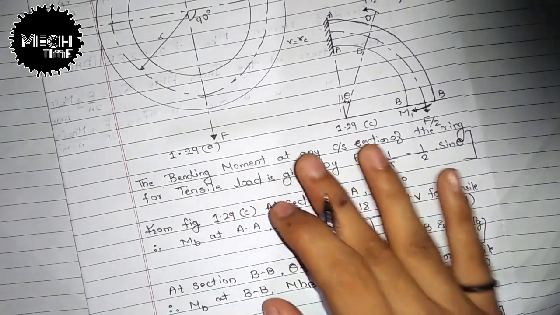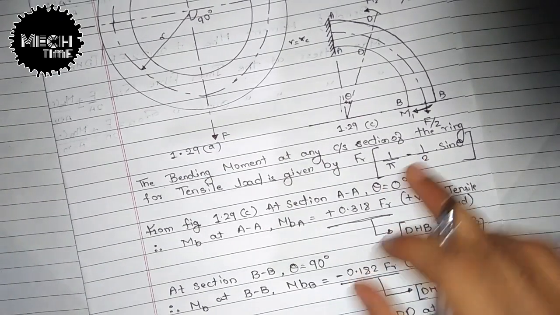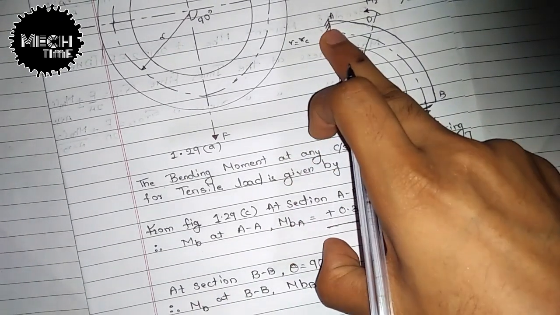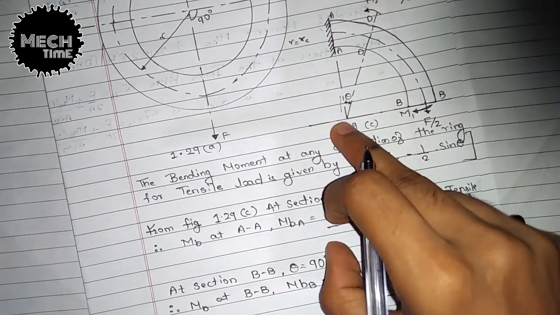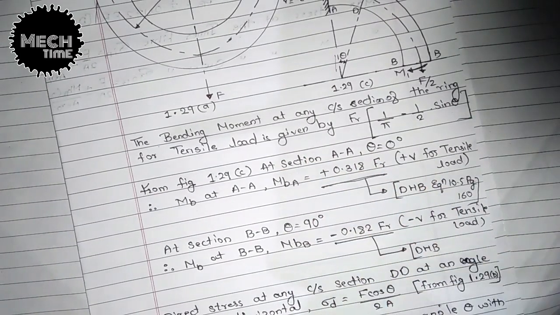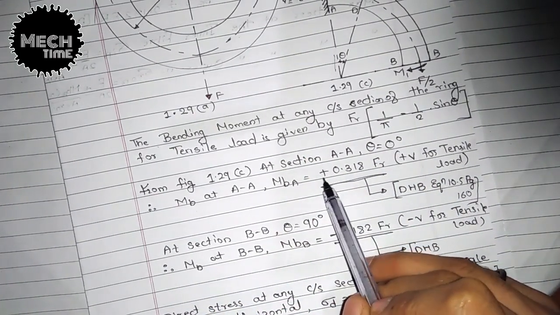I told you the bending moment at any cross section for tensile, you need to write this. Because theta is equal to 0, you need to write the formula present in the data handbook for theta equal to 0 degree for tension, and for compressive a negative sign will come instead of positive.